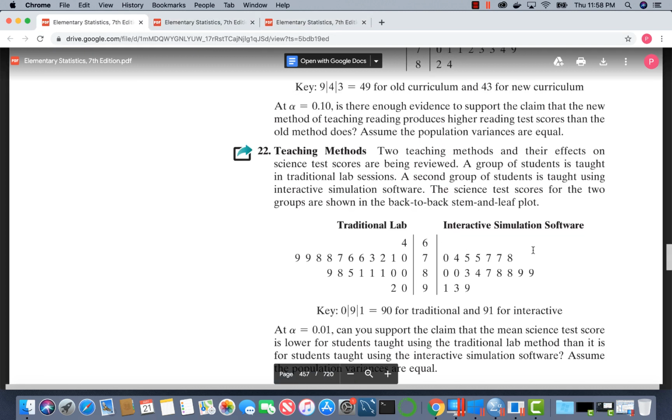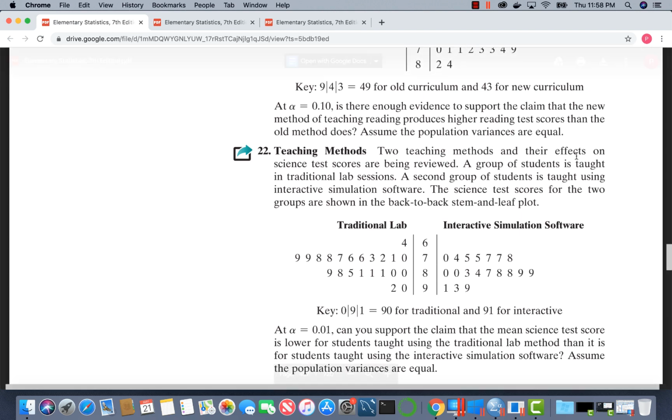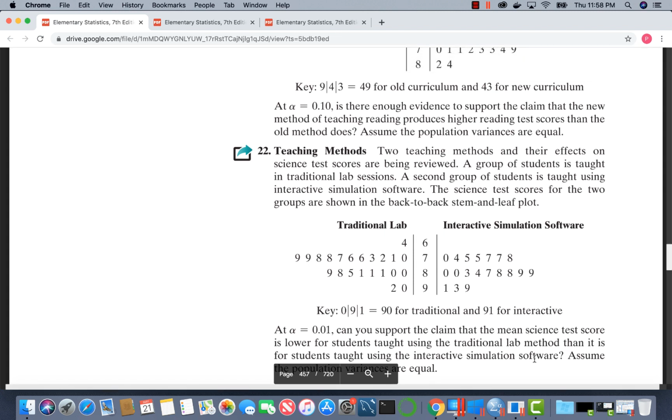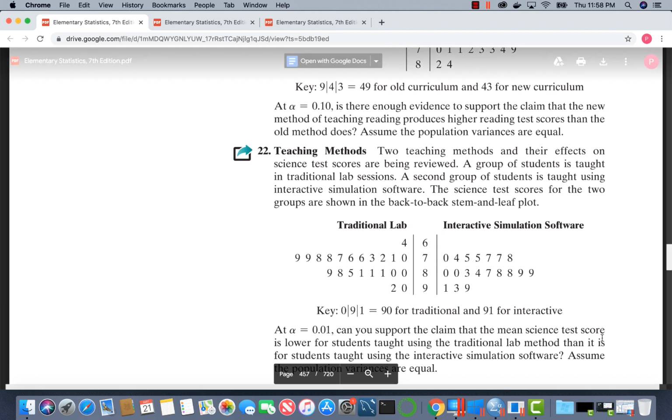Are we doing a left, right, or two-tailed test? Well, let's see what the claim was. Two teaching methods and their effect are being reviewed. A group of students is taught, then a second group. What do they ask us to test here? Can you support the claim the mean test score is lower for students taught in the traditional lab?